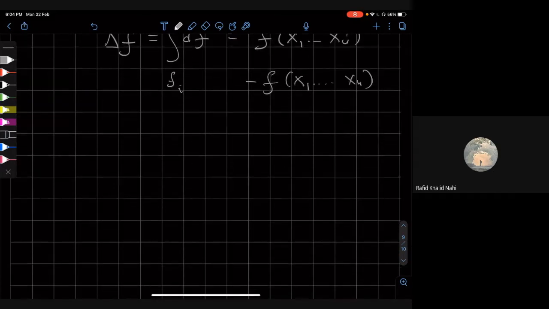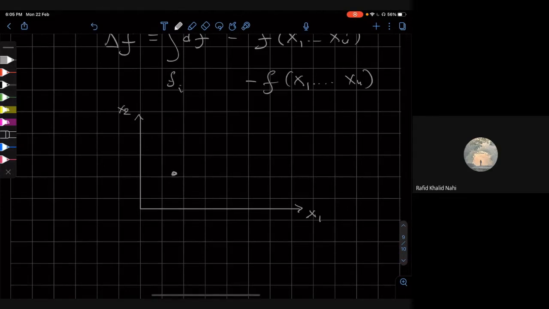So if I have the state space here, let's just call this x1, this is x2, and this is some initial point, and then this is some final point, so this is 0 and this is 1, and then we change the state.